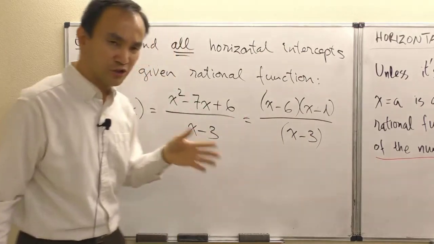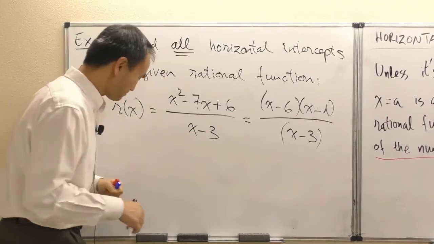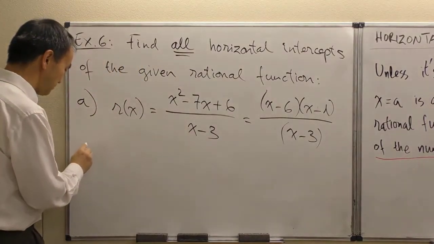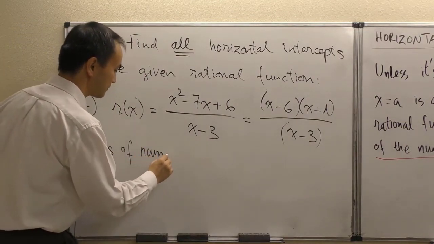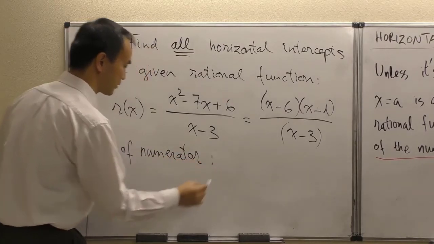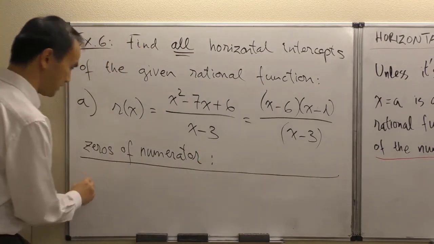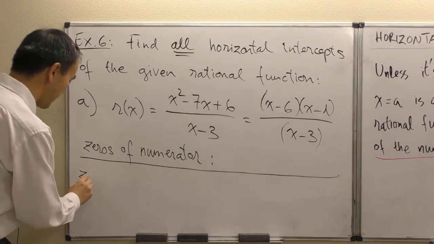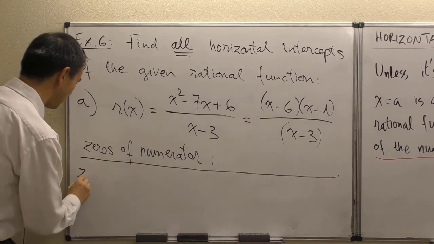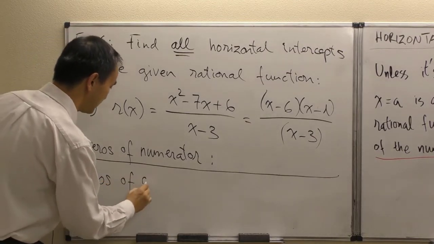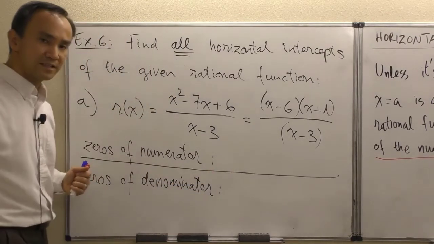Okay, and now allow me to show, in my personal style, the following approach. I'm going to list down zeros of the numerator, with a colon, and I'm keeping that as a chart. Underneath that, I'm also going to list down zeros of the denominator.